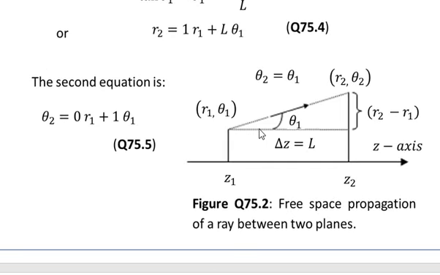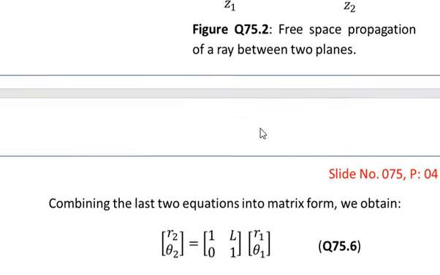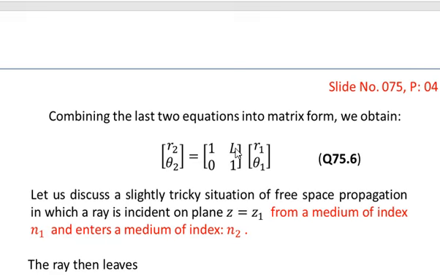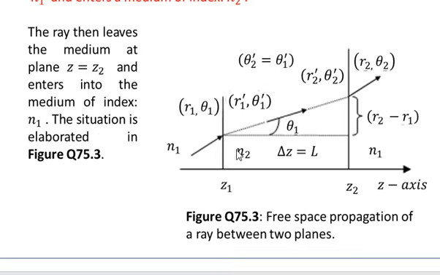And we have solved the free space propagation between the two planes, and for that one we have obtained this matrix, where capital L is the separation between the two planes. Then we have solved this geometry, which is a little bit tricky, in which the light will enter, hit the plane Z1, then enter into another material having refractive index N2, and then leave into another material having the same refractive index N1.